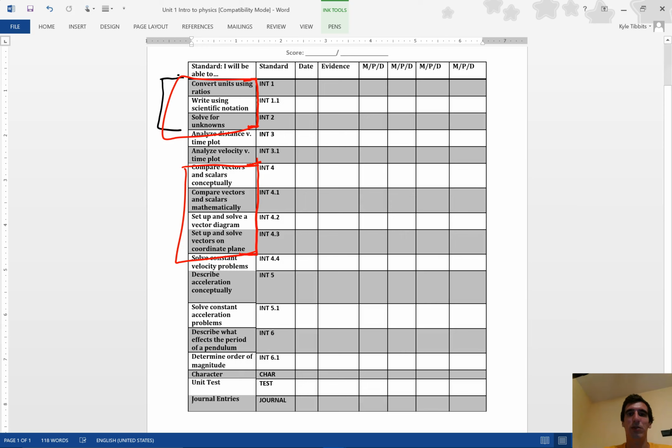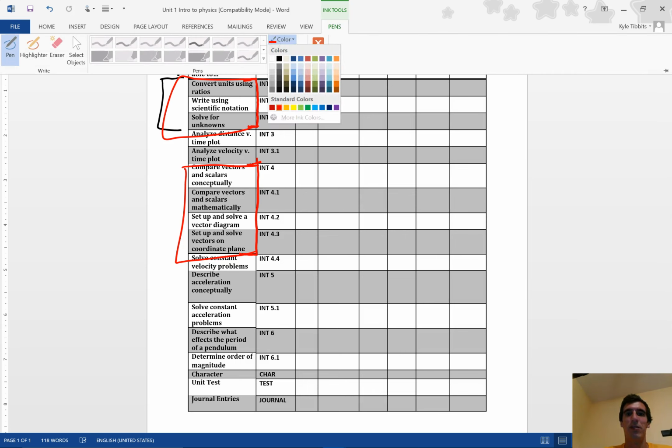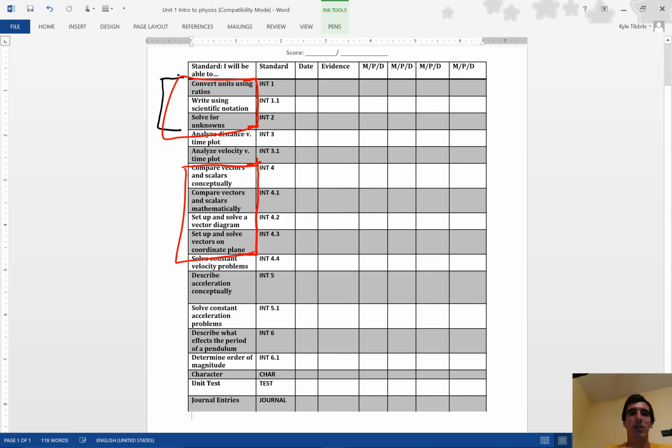Later in the unit, we looked at motion graphs. So then I would do the first 3 standards, the 4 standards about vectors and scalars, velocity versus time graphs, and you might as well add velocity and acceleration problems. The last 2, describe what affects period of pendulum, order of magnitude, are something that you should just remember. Hopefully you could remember those from the lab. If not, I would add those to the first day.